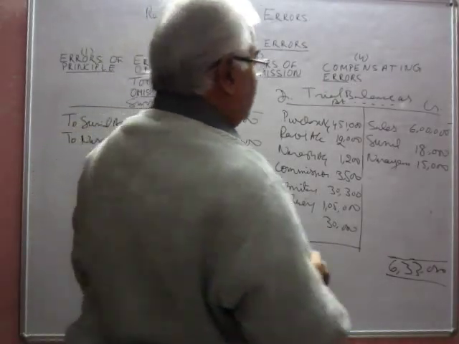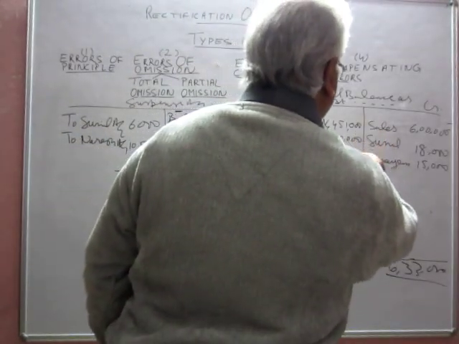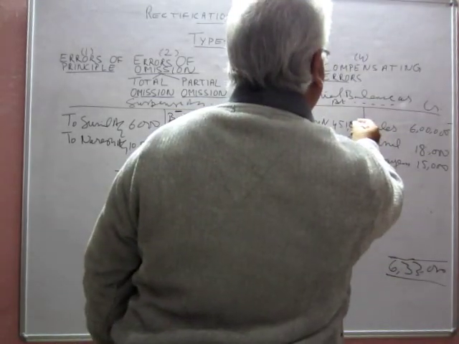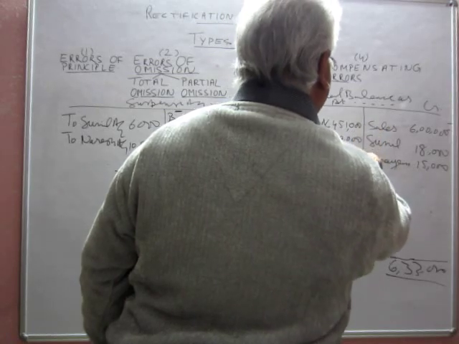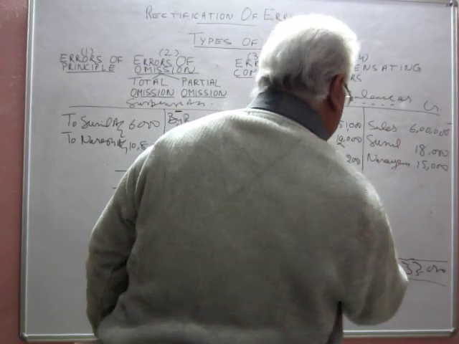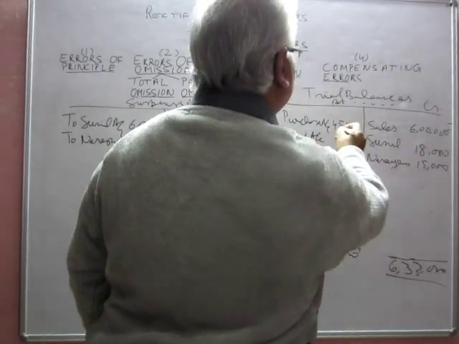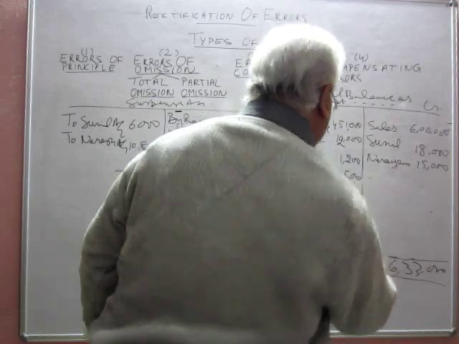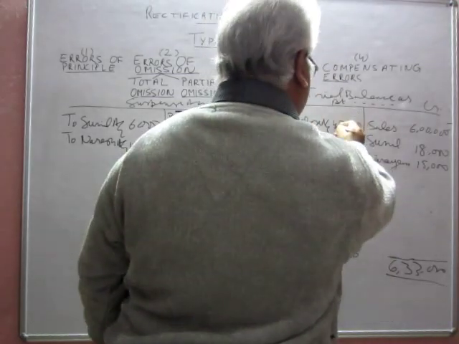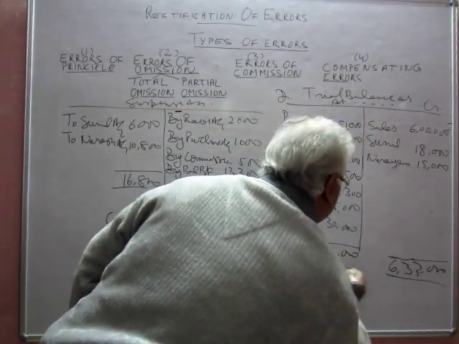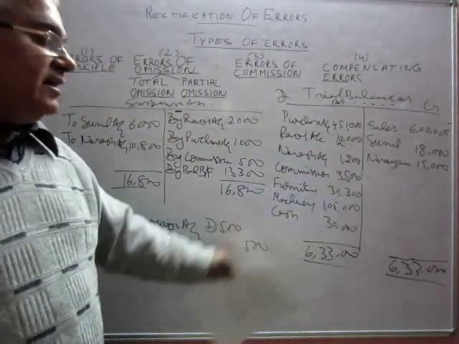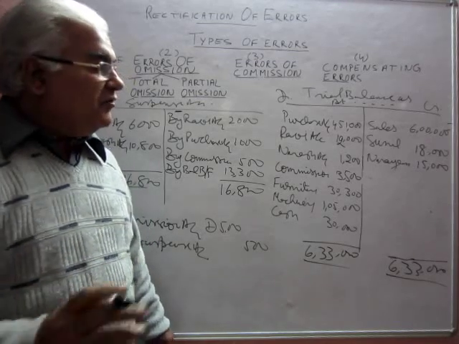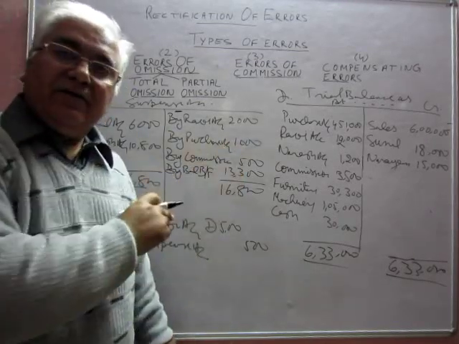And what about this side? 6,33,000. So both our sides are tallying. That means now we have rectified all the mistakes which were making this trial balance not tally.